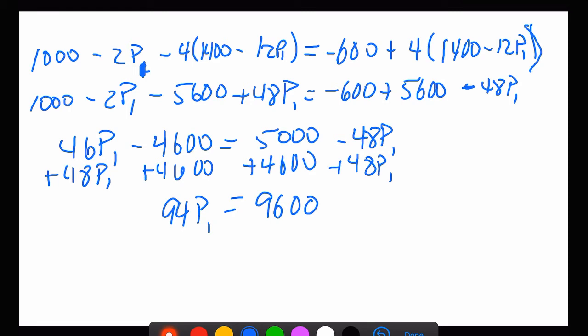I probably screwed that up somewhere, but figure it out. So P1 would be 9,600 over 94, and then I can put that back into the equation and get P2 out.